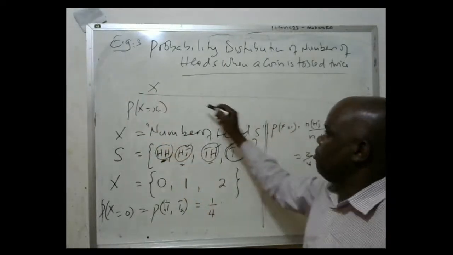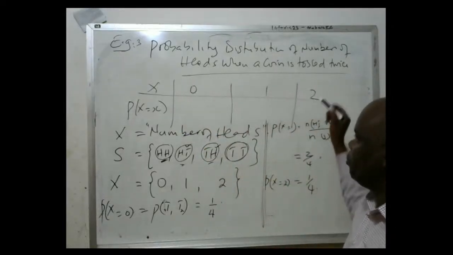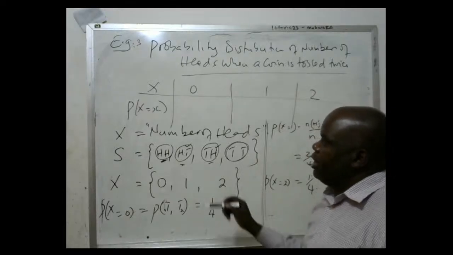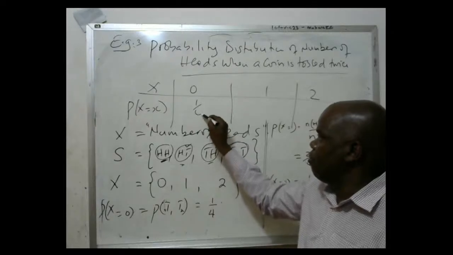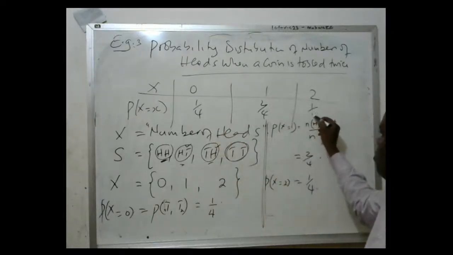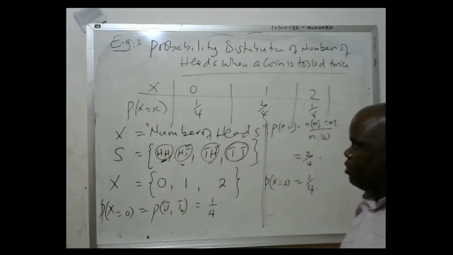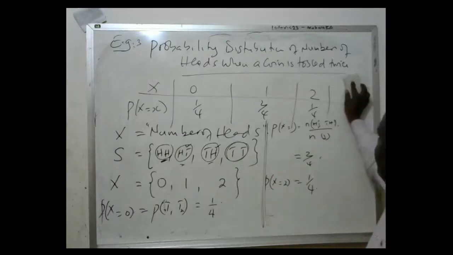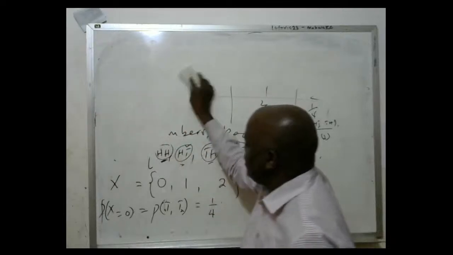So our probability distribution will be having 0, 1, and 2. Ideally, this possibility we have already said, having 0 is 1 out of 4. Having this is 2 out of 4. Having this is a quarter. And the sum of probabilities is equal to 1. So that's that. So with that one, now I want to move to the next part.